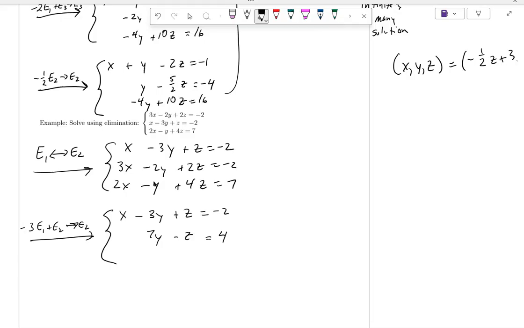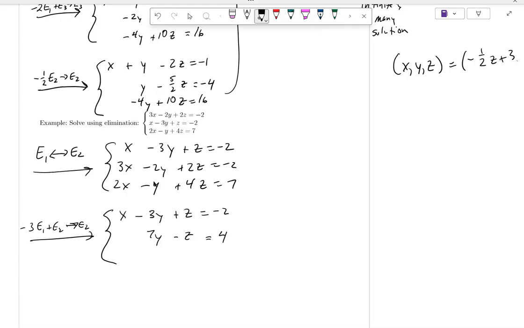Let's see if we can do the next one in the same step here. I got rid of this 3x. Are we okay with that second equation? What do we need to do to get rid of the 2x in the third equation? Yeah, multiply by negative 2, that first equation, right? When you're getting zeros below, make sure you're always working off that 1, right?